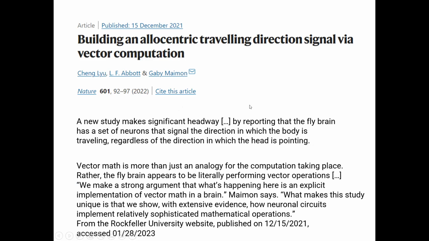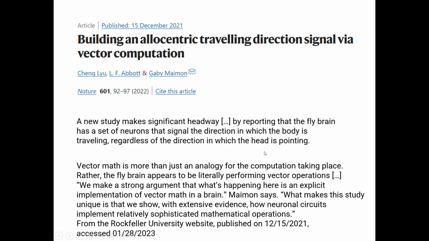So we'll come back to that, but basically you have kind of a compass, right, in the fly's brain. So you have some neurons, and you can observe a bump in some neurons, and this bump in the neurons is related with the direction where the head is pointing.